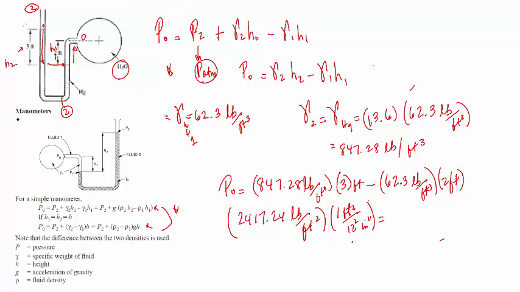So 16.8 psi. And depending on the number or the density that you used, this can change. But now we have to do the conversion to inches of mercury, like I said.